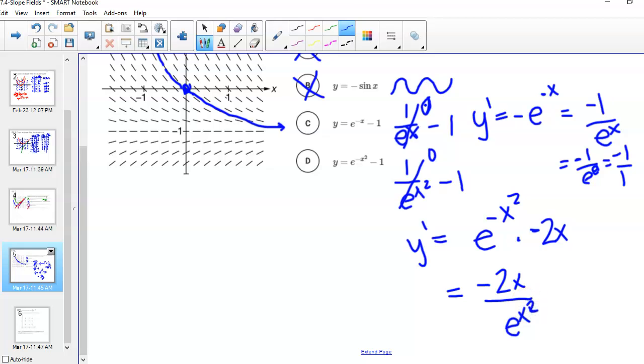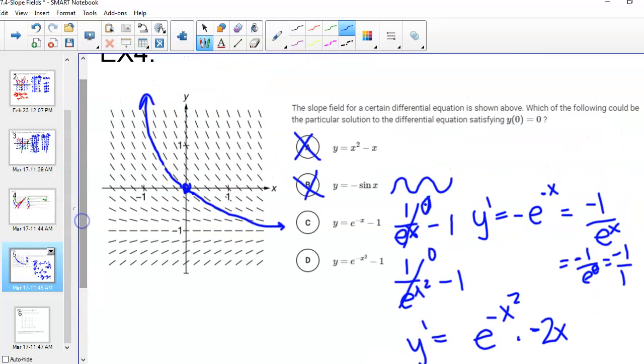And so if we plug in 0 to this, we would get 0 over e to the 0, which would be 0 over 1, so we'd have a slope of 0 right here. And if we look at our slope field right here, we do not have a slope of 0 at that point. So that would tell us that C would be our best answer.